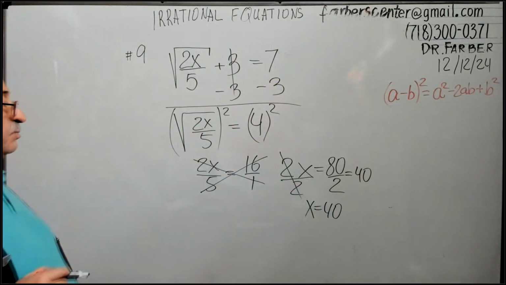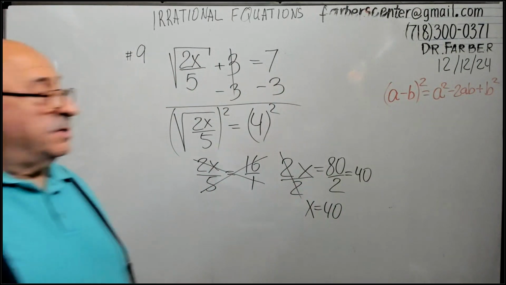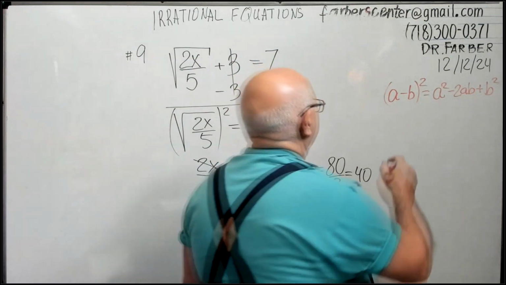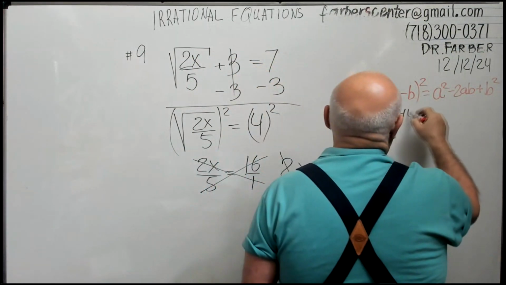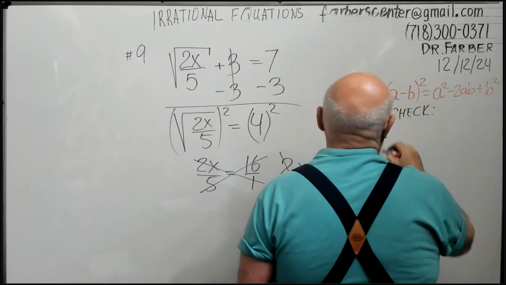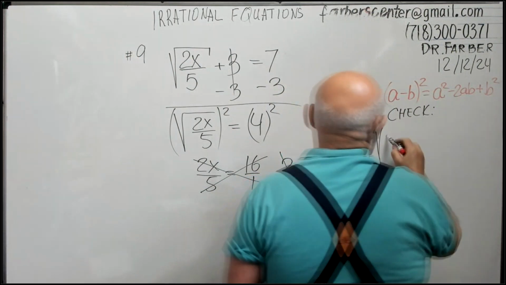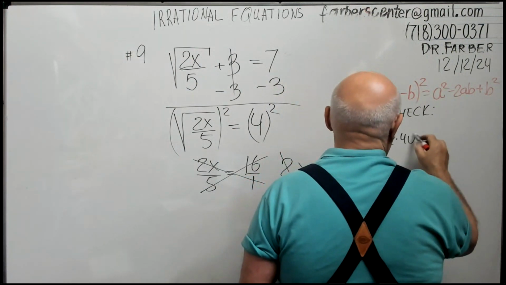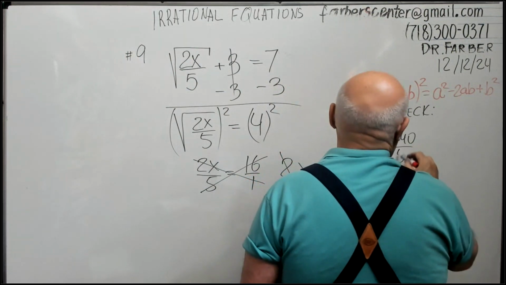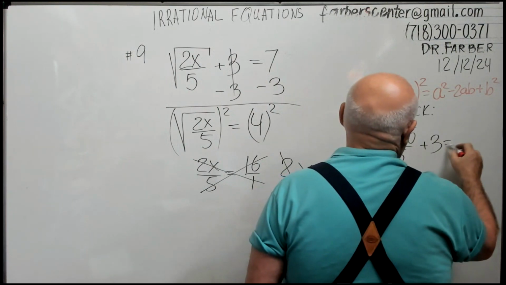Who understands up to this point? Let me check. So that's the original equation. Square root of 2 times 40 divided by 5 plus 3.